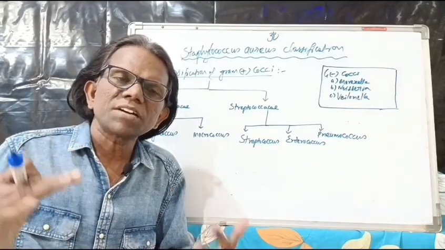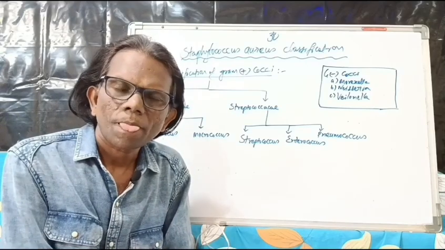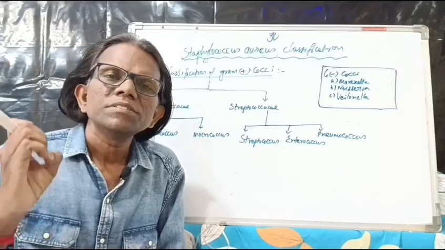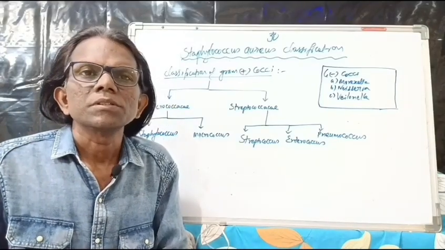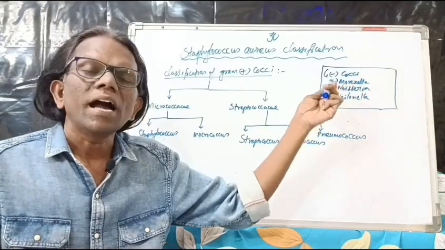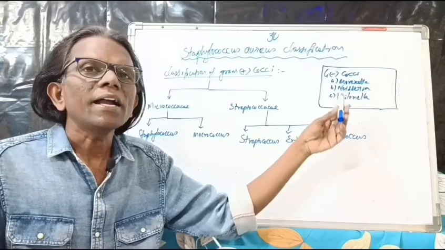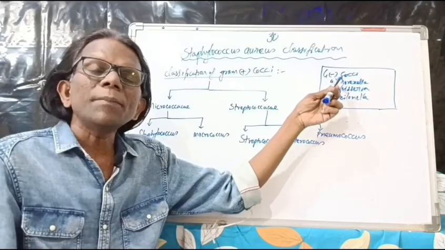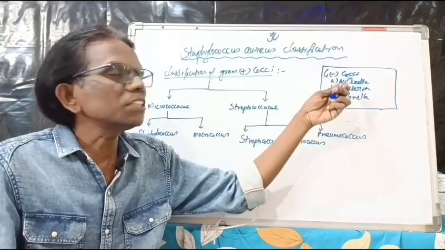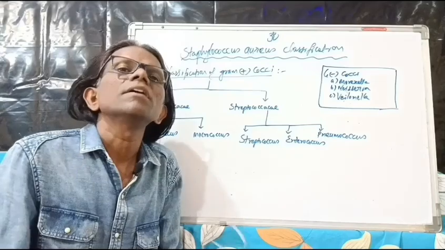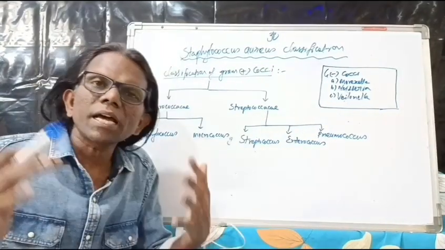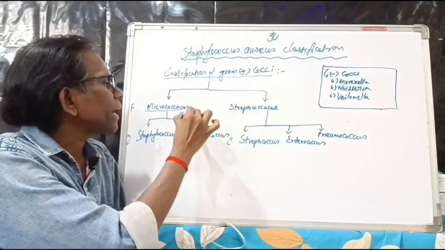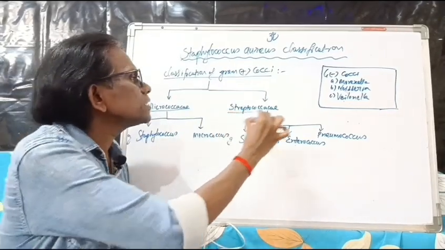Now the classification of cocci. All cocci are gram-positive except 3 genera that are gram-negative. The first is Moraxella, the second is Neisseria, and the third is Veillonella. These are the gram-negative cocci. Except these 3, all the rest are gram-positive. The gram-positive cocci are broadly divided into 2 categories: the first is Micrococcaceae and the second is Streptococcaceae.